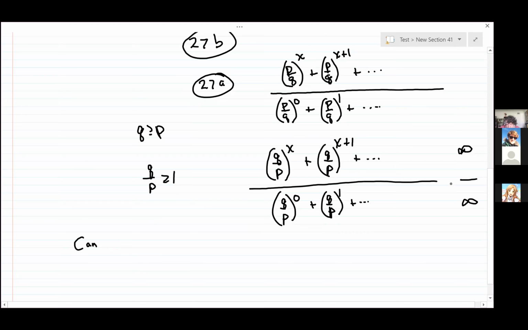I mean, infinity over infinity, typically what you would do with that would be a L'Hopital kind of thing and start taking derivatives, but it's not going to get better because they're infinite series and you're still just going to get more infinite series from them. So can we show that 1 minus this is going to 0?